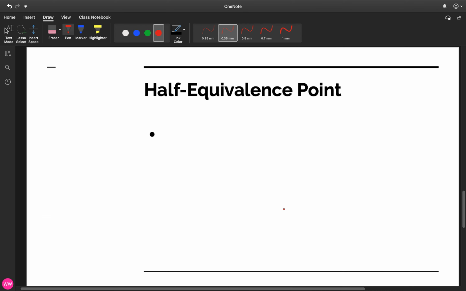The importance of the half equivalence point, especially in the context of a weak base, strong acid titration, is that at the half equivalence point, the pOH is equal to the pKb.